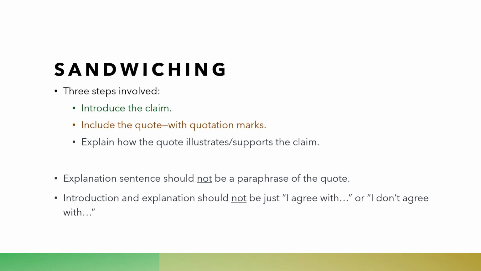Because again, we're using it as evidence for something. So we've got to think about the quotes as evidence, and your sentences around them are how you use them to fit into your argument. It is not just saying I agree with them when they say this. If that's true, you can paraphrase. The reason we choose to quote is when the exact wording matters, and the sandwiching tells us why and how it does.